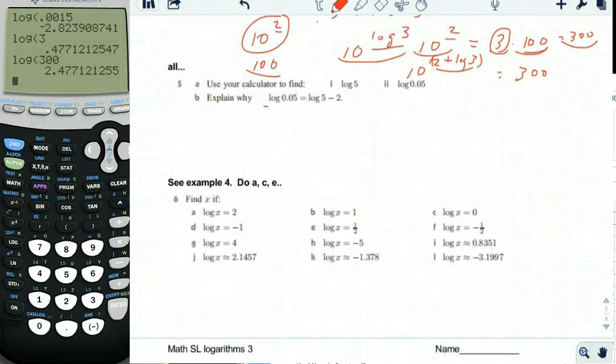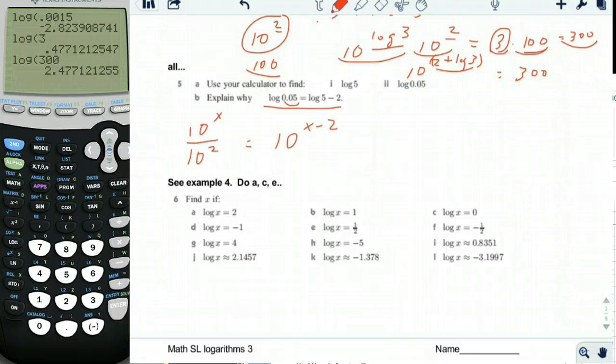Now likewise down here, why is the log of 0.05 equal to the log of 5 minus 2? Again, with the exponents, remember that if you have 10 to a certain power, and you have 10 squared in the bottom, how do you find the result? Well, what you do is you subtract the 2 from what's on the top, right?